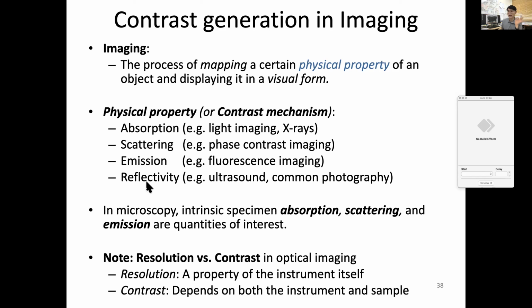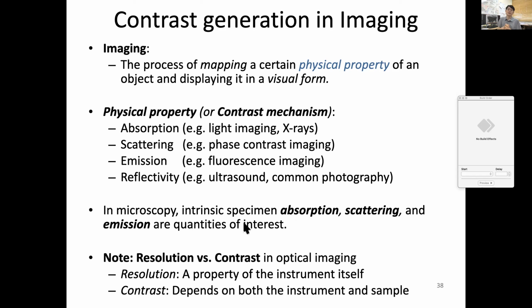So we are using the reflectivity of an object as a contrast mechanism. So typically in microscopy, we are interested in the intrinsic nature of the specimen, especially absorption, scattering, and sometimes emission of a specific target or quantities of our interest.